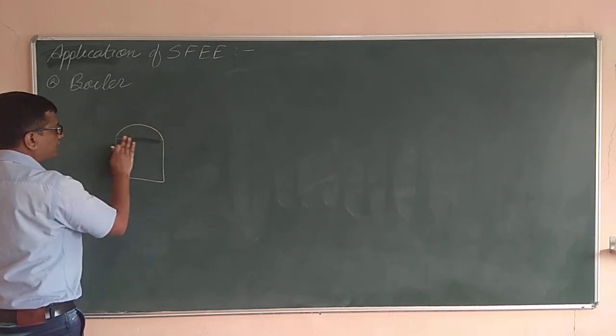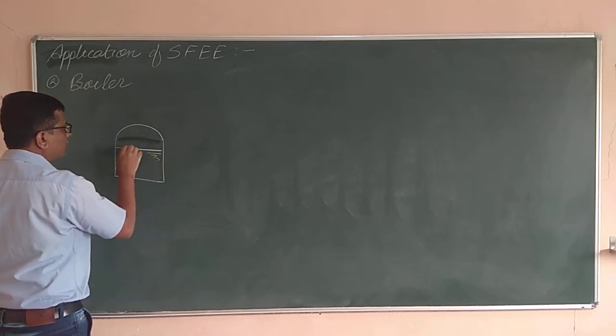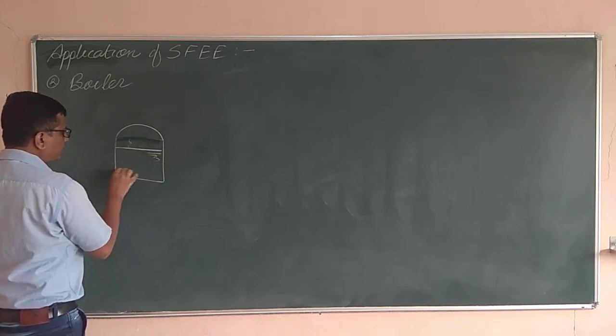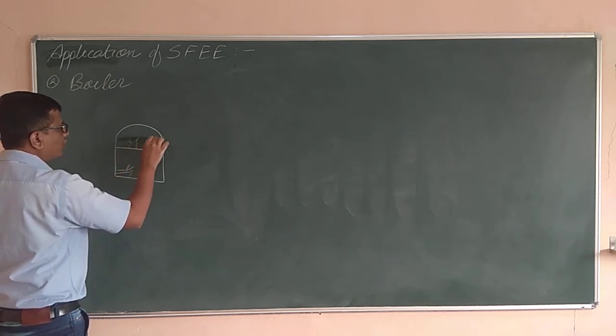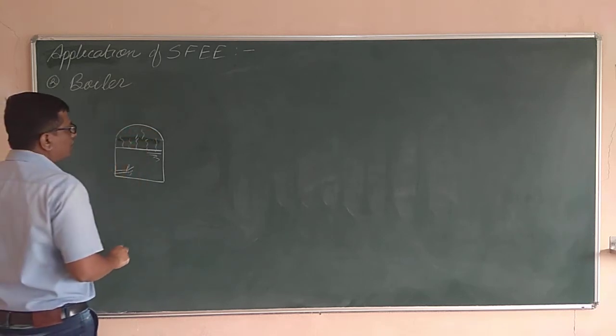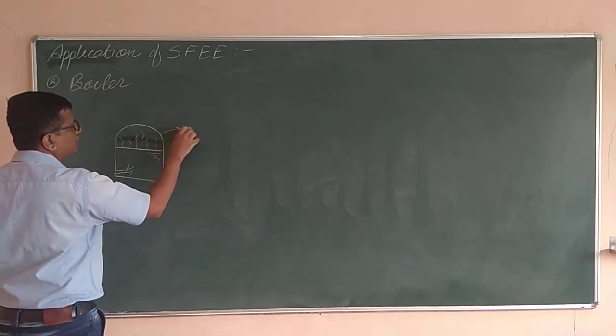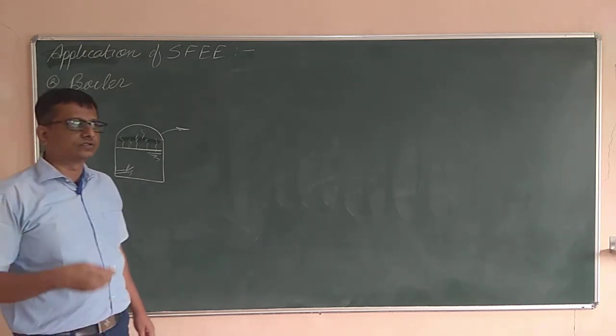This is the boiler, and this is the level of water, and heat is provided over here, and with the aid of this heat the water evaporates and gets converted into steam, and the steam can be taken out for different applications, like to run a steam turbine, or to run a steam engine.